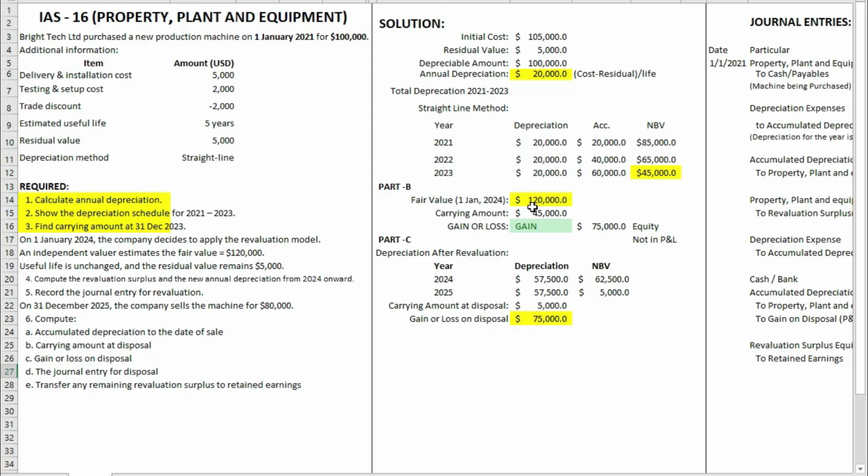When we revalue the asset, we increase the asset to fair value. We record the surplus always in equity, and the depreciation after the revaluation we compute on the revalued amount over the remaining life, and on disposal we record the gain or loss and transfer any revaluation surplus to the retained earnings.